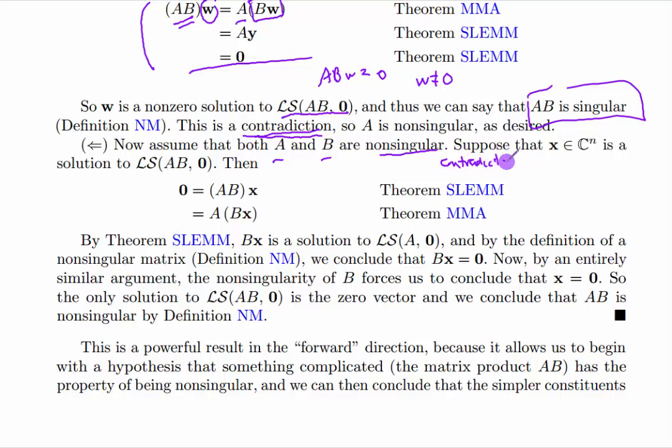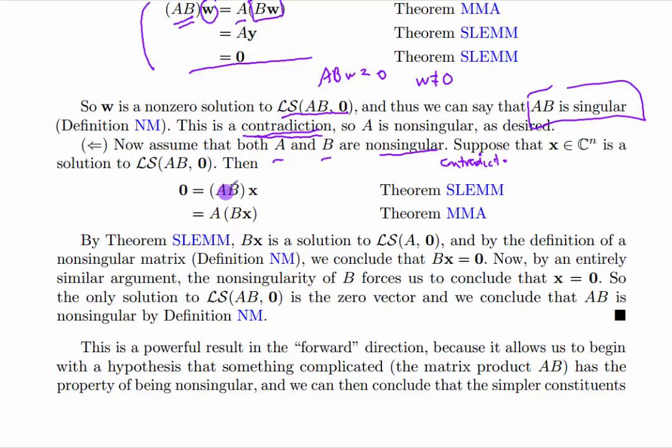Right? What does contradiction mean? It means I suppose the opposite of what I want to prove and show that I get a contradiction. Okay? So I'm going to suppose that AB is singular, which means that the linear system with matrix AB and vector 0 has a non-trivial solution, and I'll call that solution X. Okay.